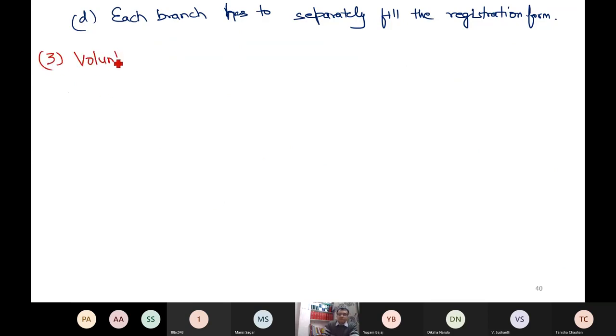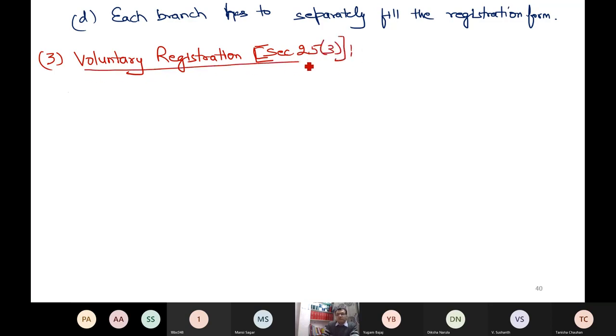Voluntary registration. Now, when the registration is compulsory or liable, section 22 and 24.